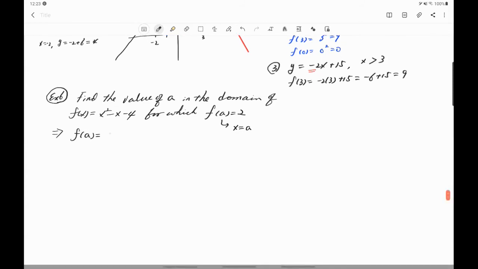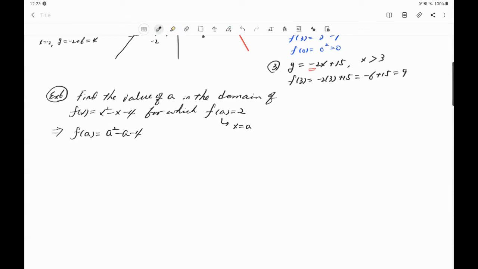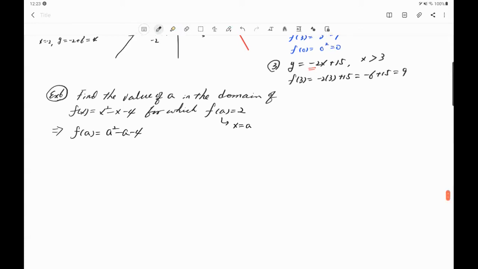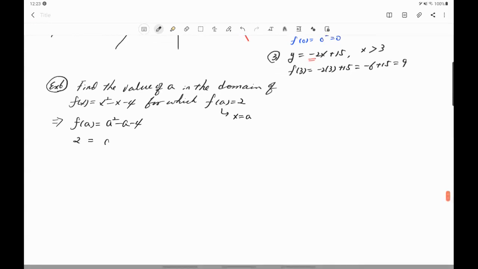Then the expression will be a squared minus a minus 4. And f of a is given. The value of f of a is 2. So replace it with 2.